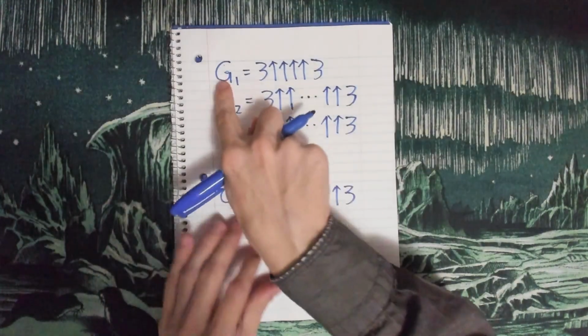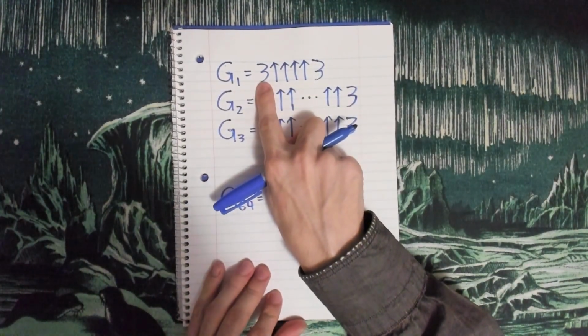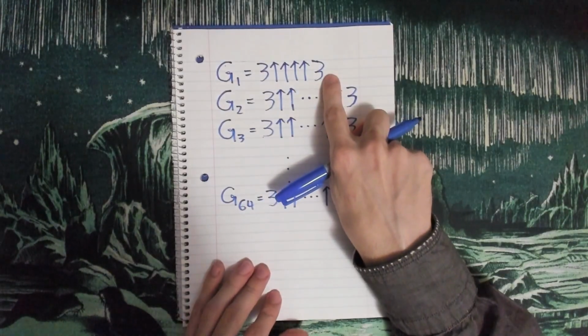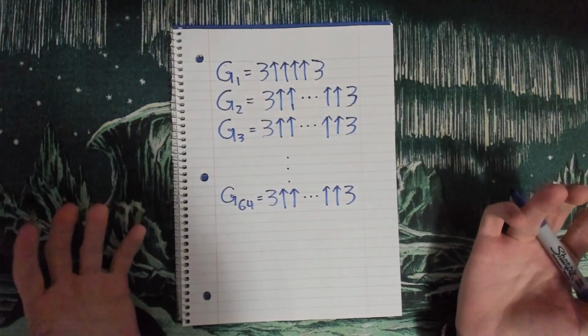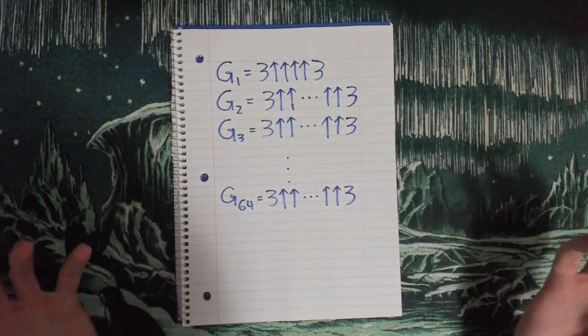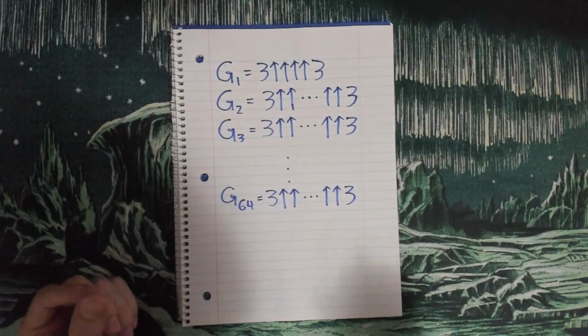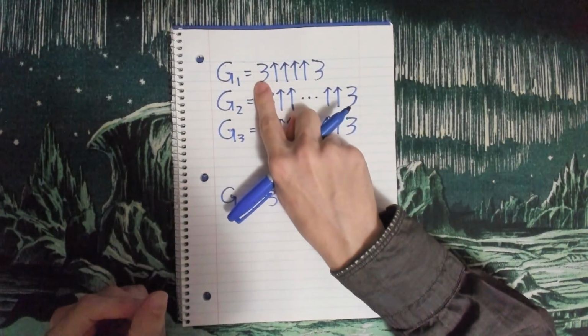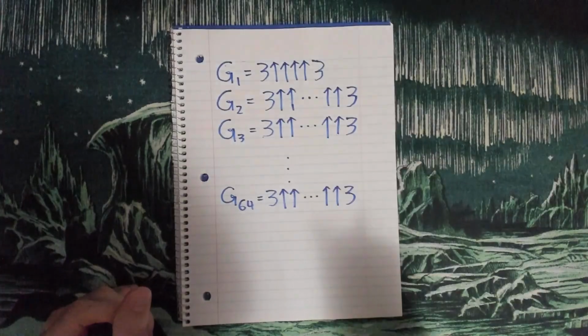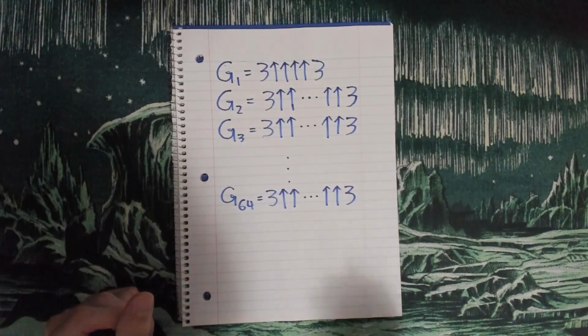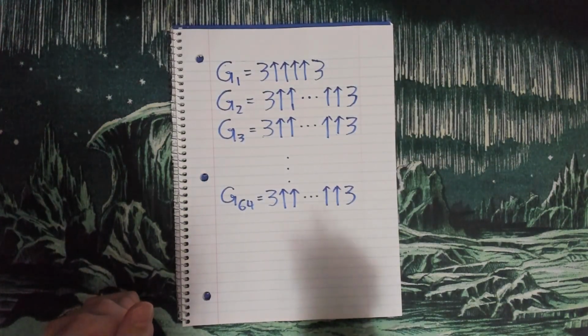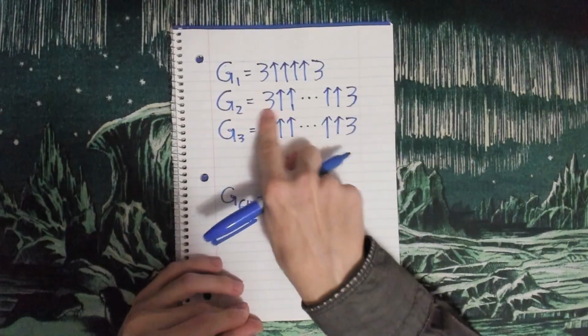So now we have G1, which I'll define to be 3 quadruple arrow 3. We see that adding another arrow gives us a much bigger number. So now you're not thinking about increasing the size of this number or this number. I know how you're thinking: how many arrows can we cram in there?